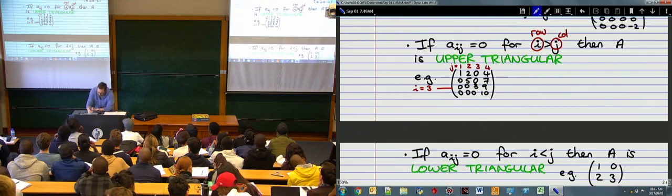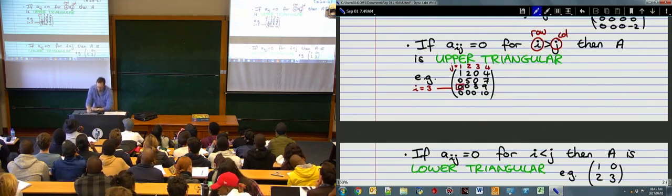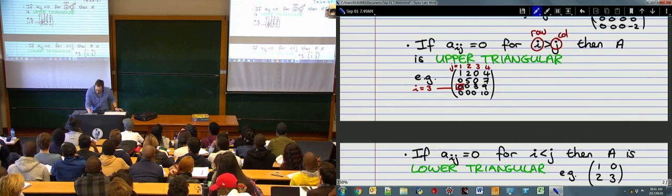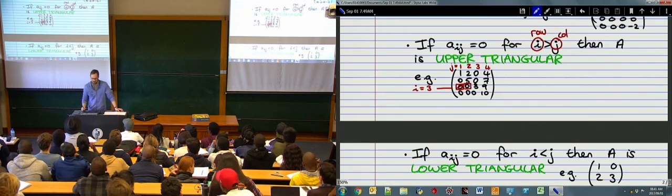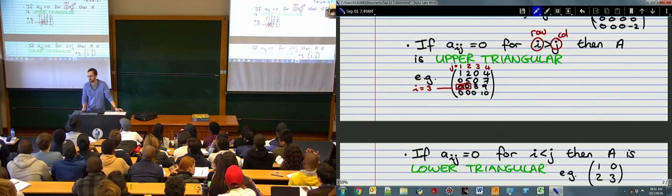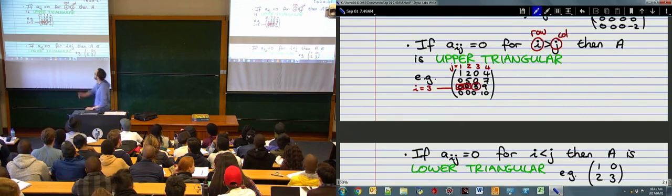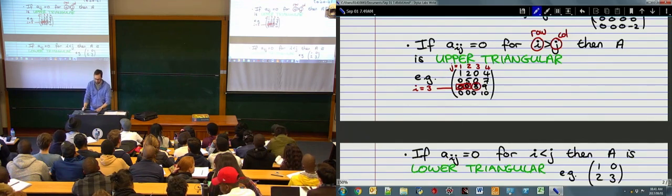So if we look at this entry here, i is equal to 3, j is equal to 1. So i is bigger than j, so this must be equal to 0. Then we look at this entry here, i is equal to 3, j is equal to 2, so i is bigger than j, so this entry must be 0. And for this entry here, i and j are equal, so we don't know anything about that. It could be any number.